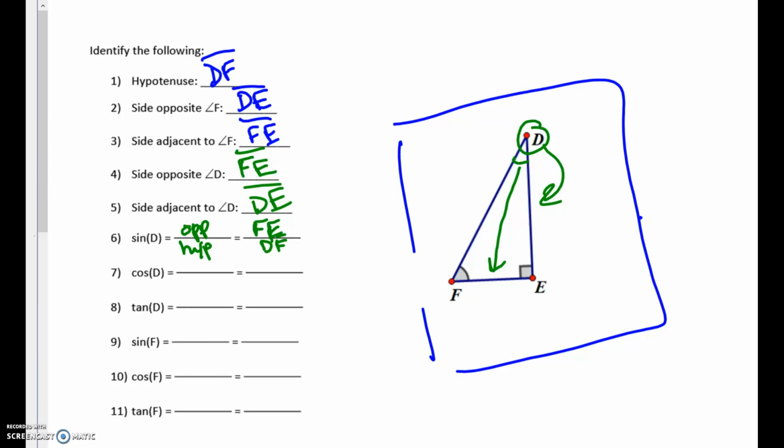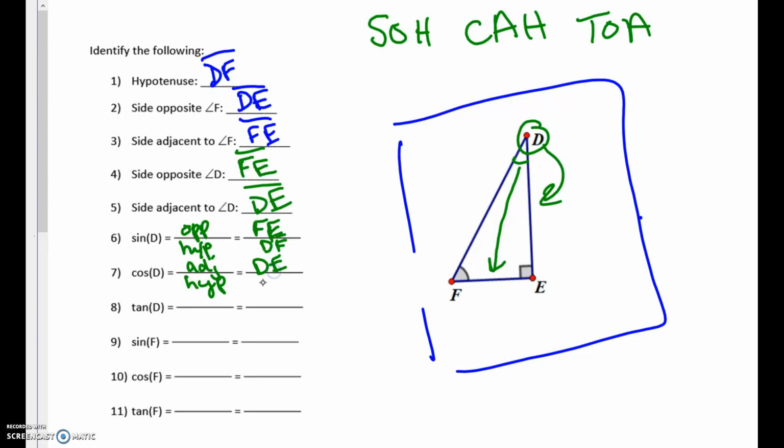Cosine of D is always SOH-CAH, adjacent over hypotenuse. The adjacent side to angle D is DE, and my hypotenuse is still DF. And then for tangent, tangent equals opposite over adjacent. Opposite of angle D is FE, and the adjacent is DE.